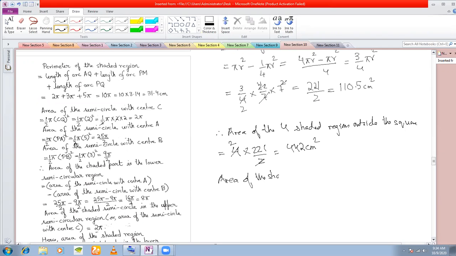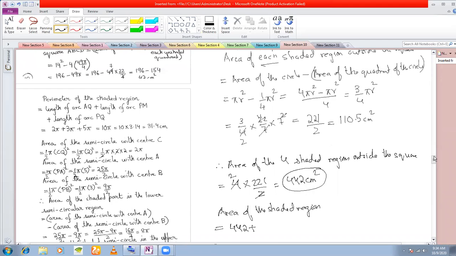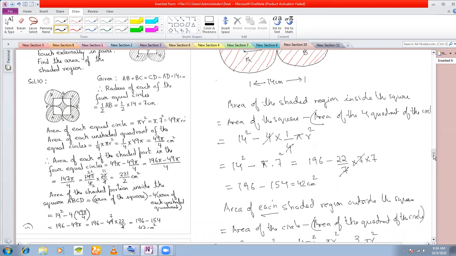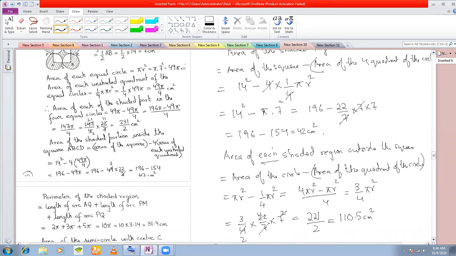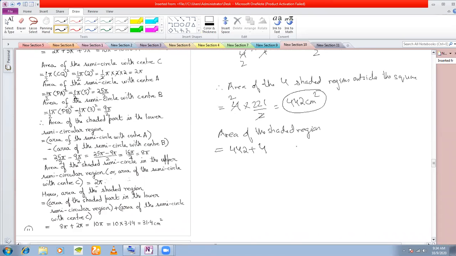Area of the shaded region outside the square plus area of the shaded region inside the square. Outside we have found out to be 442. And inside we found out to be 42. So this is 484 centimeter square.